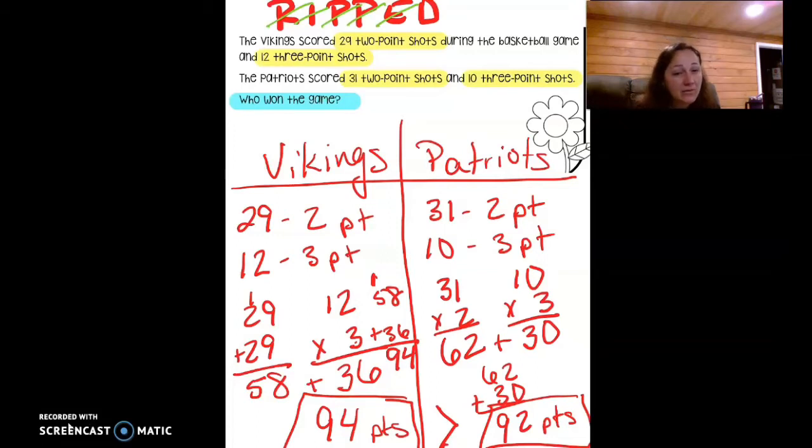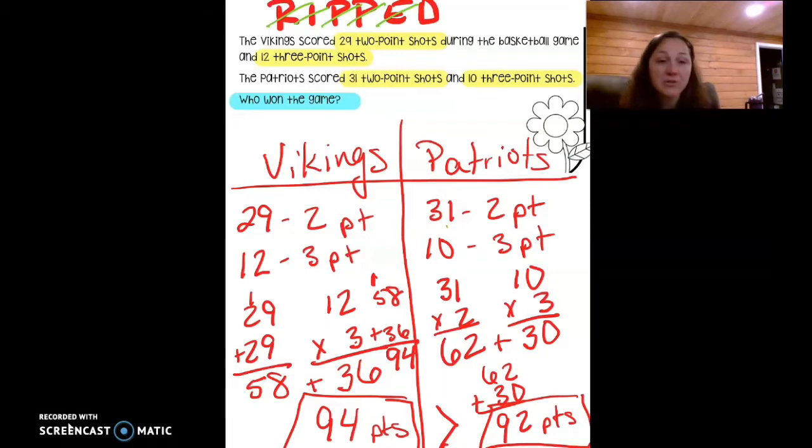And I look at my other answer for the Patriots, and I say 31 is also close to 30. So 30 times 2, which would be 60, 10 times 3, 90. So if I estimated that, they would both be about 90. I think they're pretty darn close. Looks good to me.